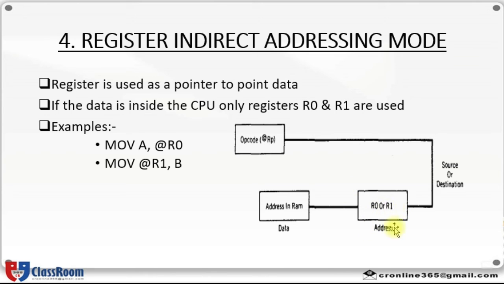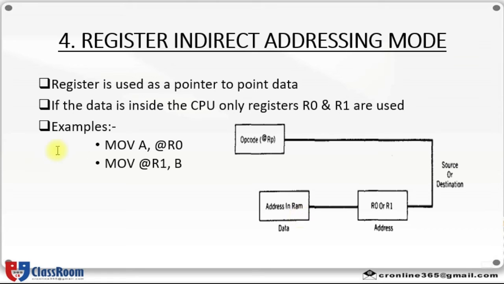This R0 and R1 will be pointing to some address location. That address location will have our data. That data is indirectly specified by using the registers R0 or R1.